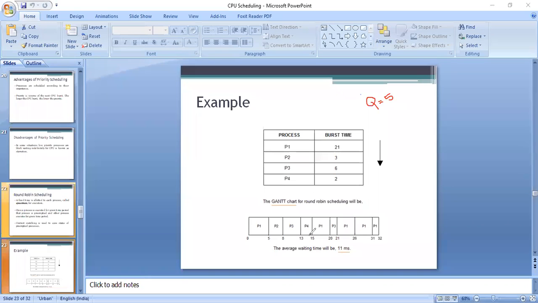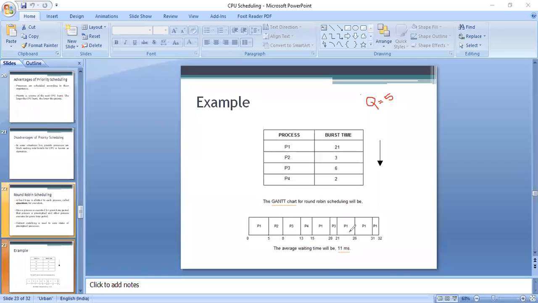After 5 seconds, it will again be preempted and provided to the next one, which has 2 burst time. For 2 seconds, it will execute and then it will release, and the CPU is again provided to P1 for 5 seconds. Then it will again be preempted and then we will provide it to the next remaining process. P2 is done with its execution, so it will go to P3. P3 is left with 1 second of execution, so it will get the CPU for 1 second and then release it, and again it goes to P4.